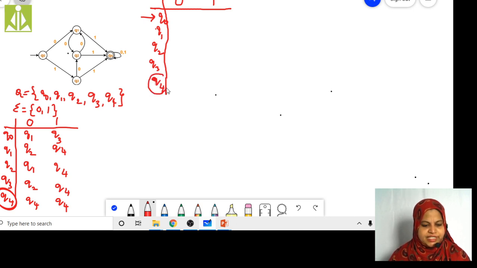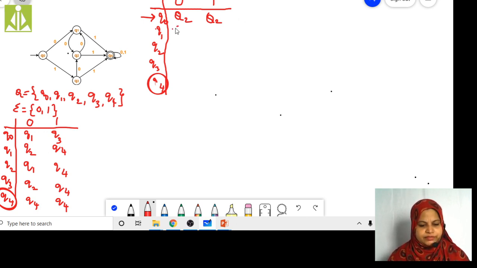Q4 is the final state. Q0 on 0, Q1. Q1 is present in which set? In the Q2 set. Q0 on 1, Q3. Q3 is present in which set? The Q2 set.